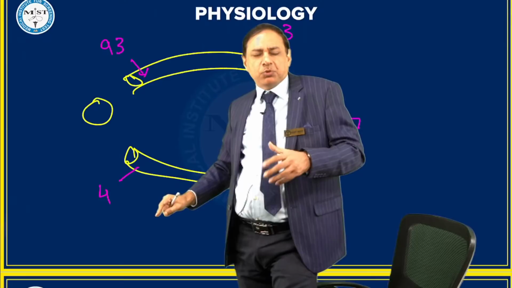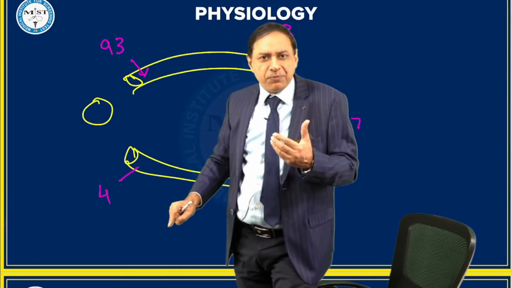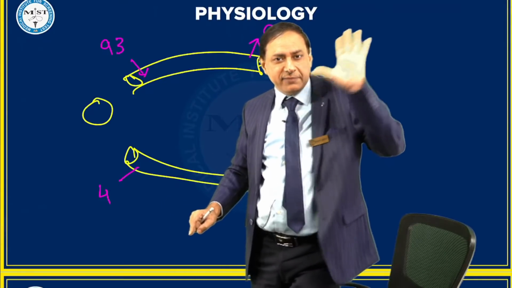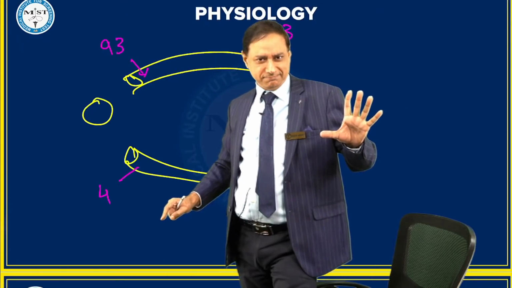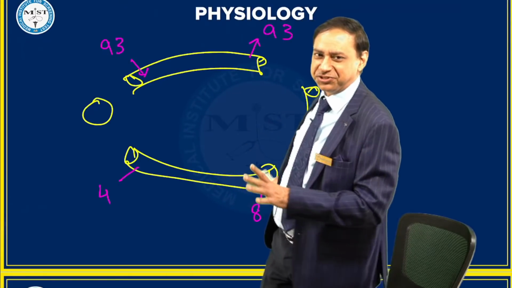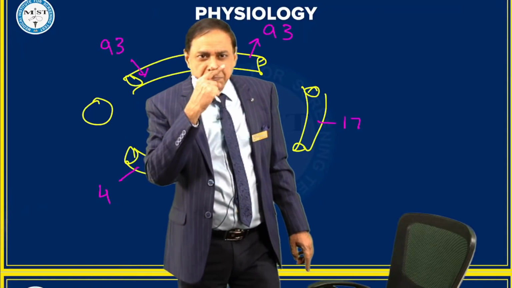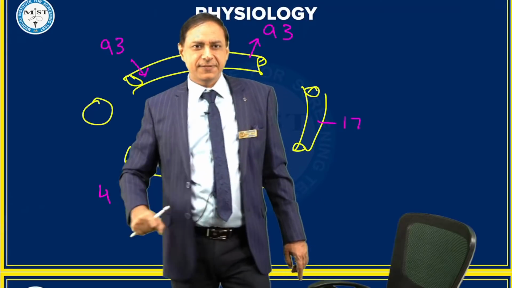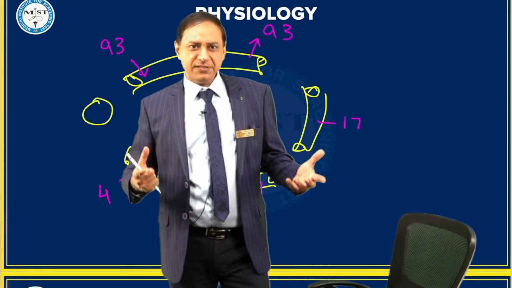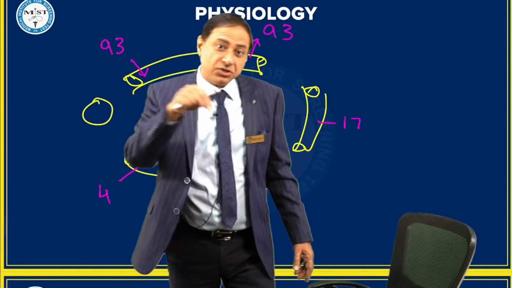There is a total pressure drop of 89 millimeter of mercury. This pressure drop is because of the resistance. Because we have resistance, the pressure drops.